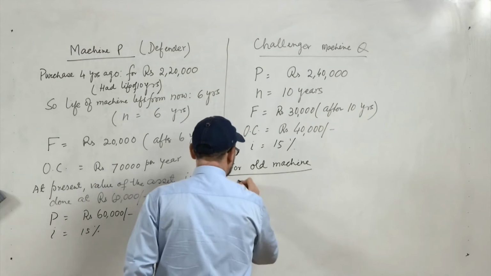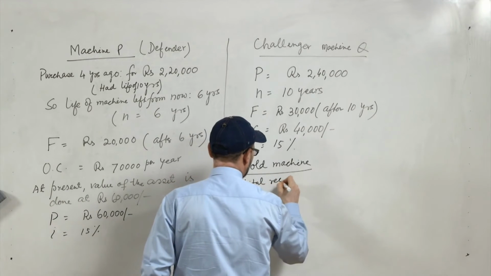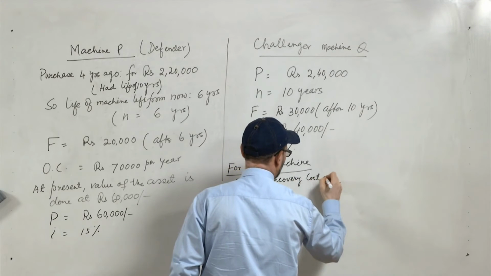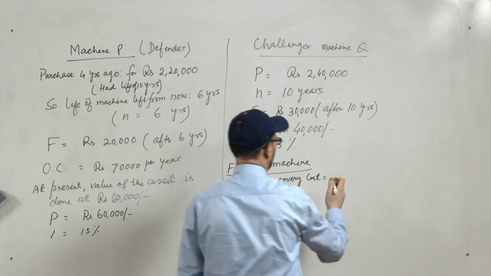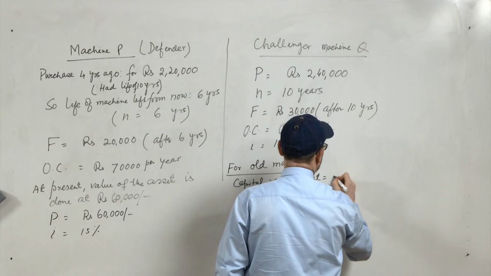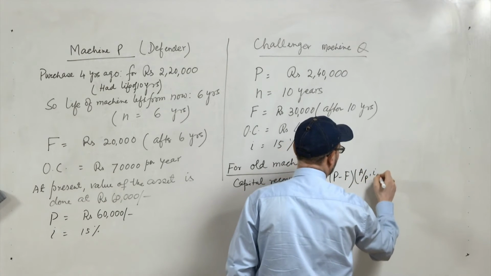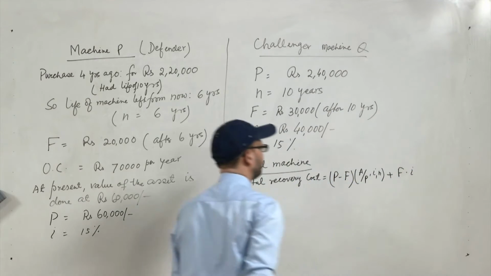Capital recovery cost can be taken as (P minus F) (A/P, i, n) plus F into i.